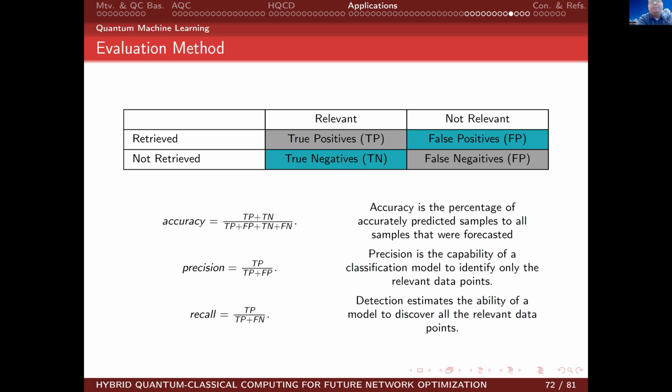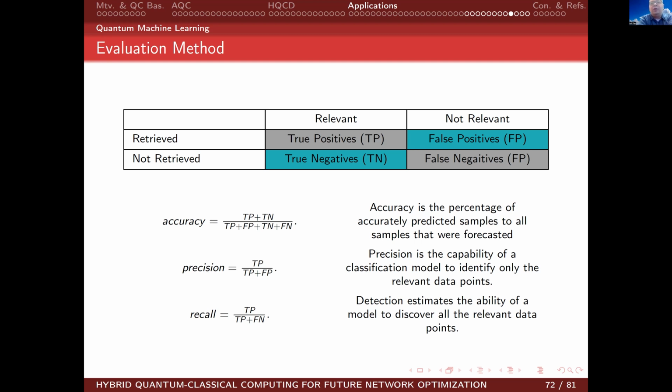Essentially, when you do a classification, for a real true, you might give a true label, or for a real true, you might give a false label. For a real false, you might give a false label, or for a real false, you might give a true label. So these are the four different scenarios we will observe after we train our model.